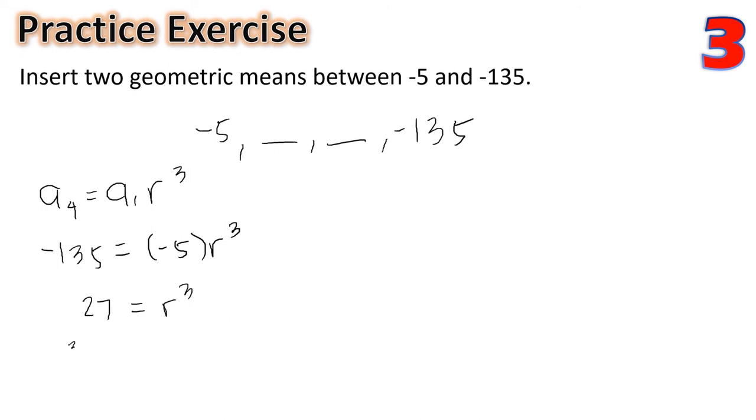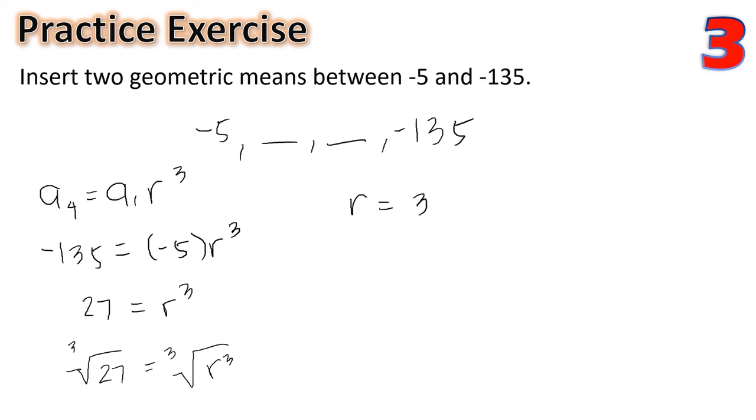Getting the cube root of both sides, cube root of 27 equals cube root of r cubed. Cube root of r cubed is r, and cube root of 27 is 3.